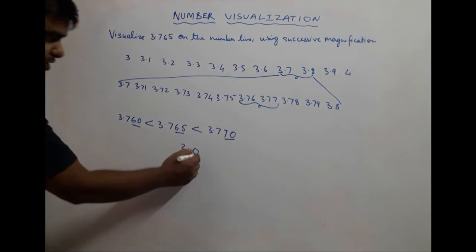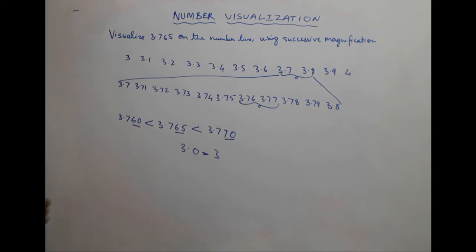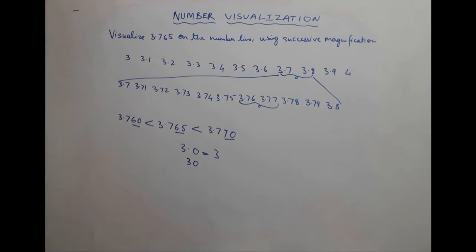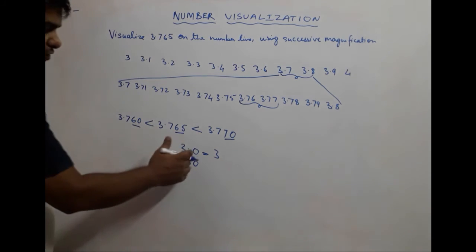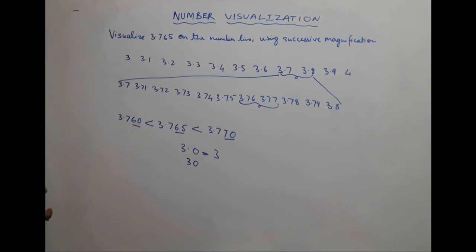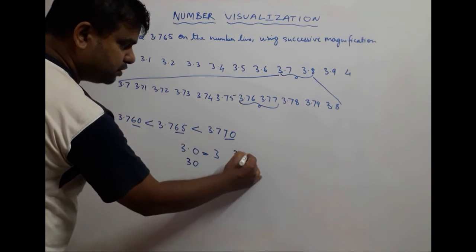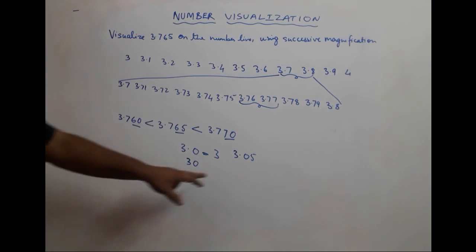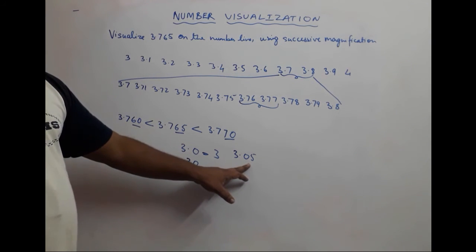It is 3.0, which is nothing but 3. Got it? It is 3. But if it was 30 with no decimal in between, that becomes 30. So any zero after the decimal does not hold any significant value. But if it is 3.05, yes, it does hold some value, but it is less than 1 in any case.